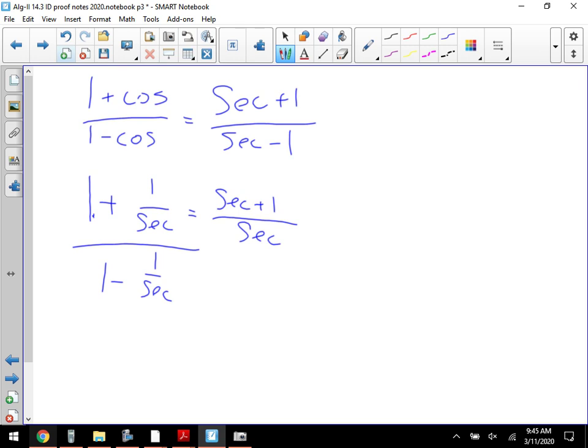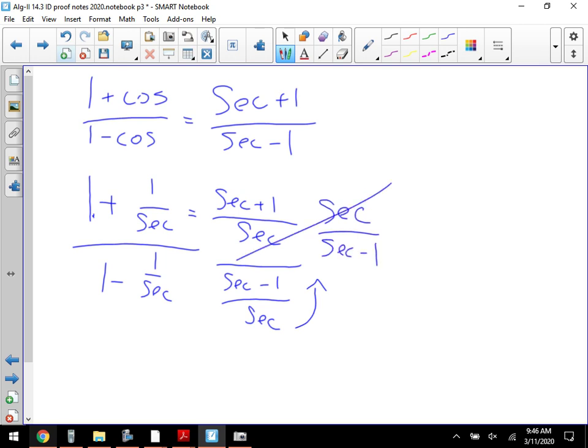Fraction on the right doesn't. Look what happens in the bottom. What's going to happen when you flip it? Yep. So when you bring this one up, you flip, you get secant over secant minus 1, and you verify.